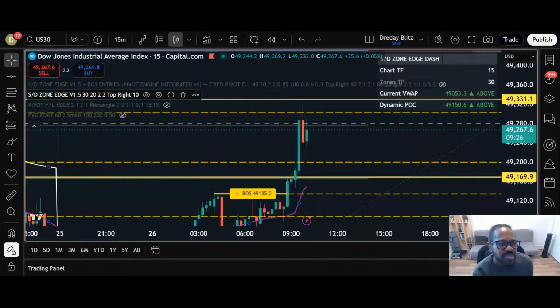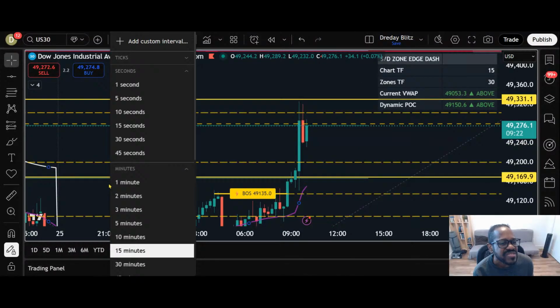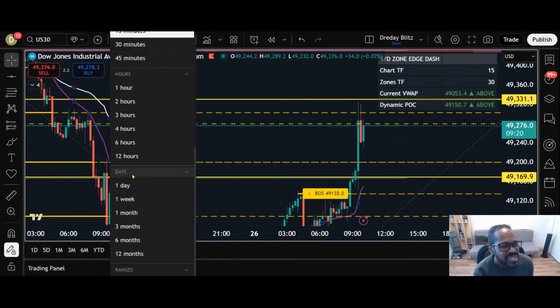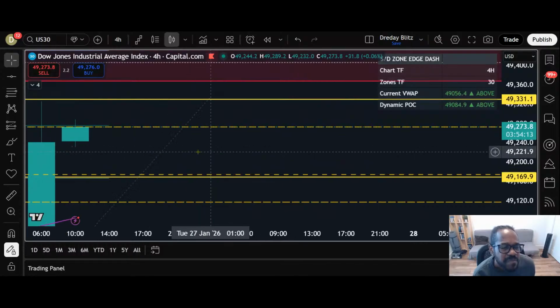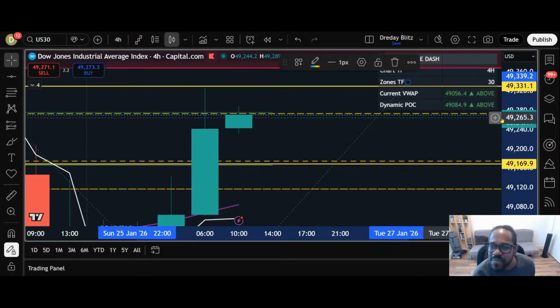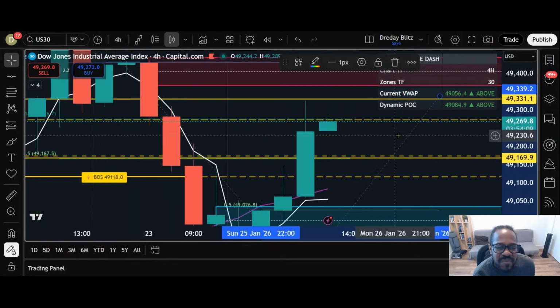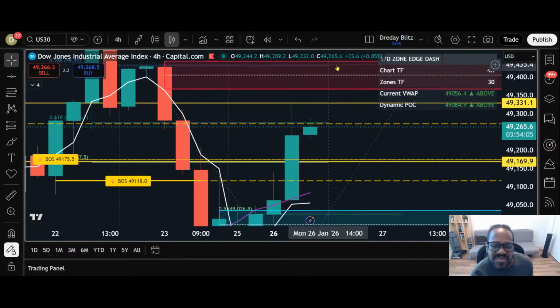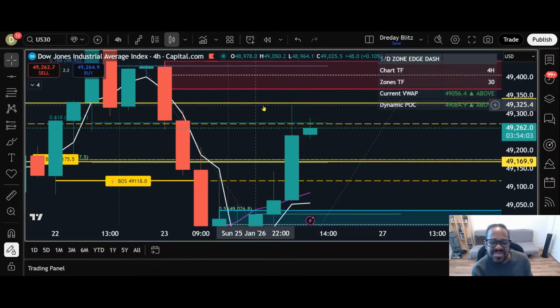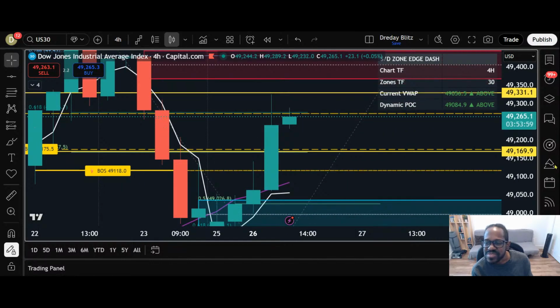So if we go back on, let's see here, I'm gonna go on the 4-hour, look at what's happening here on the 4-hour here. So 4-hour is looking, yeah, to retrace here.